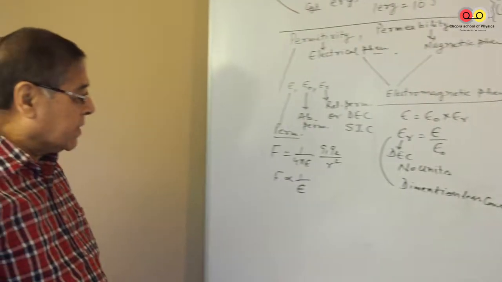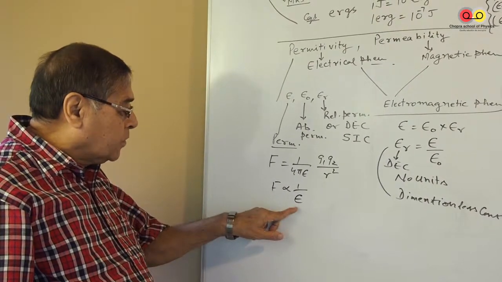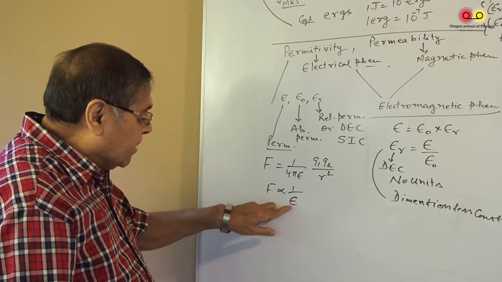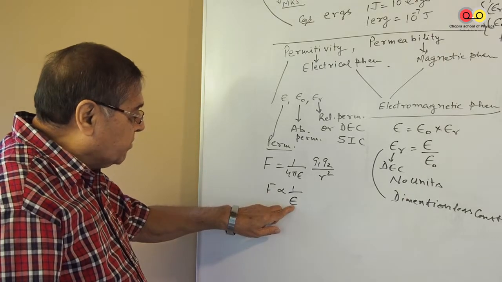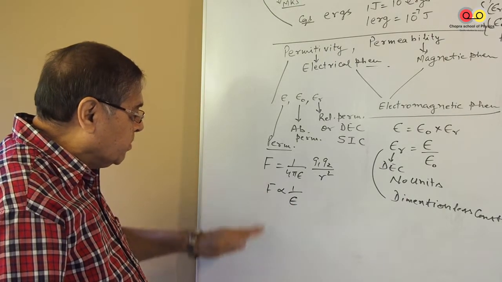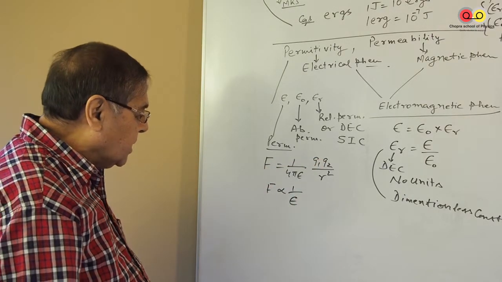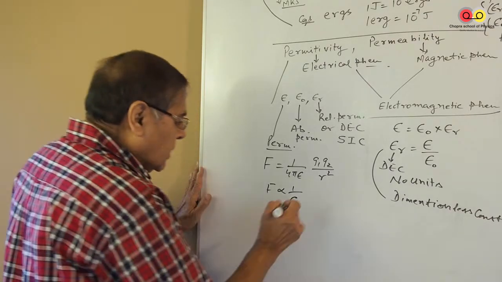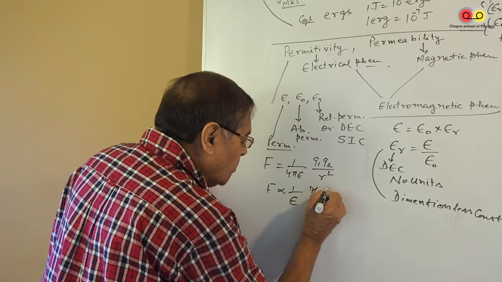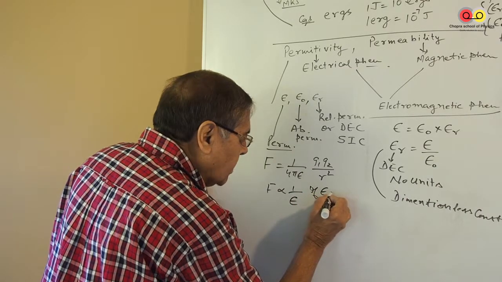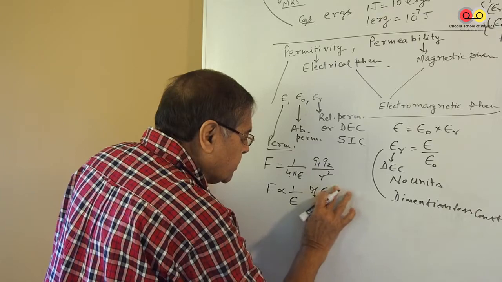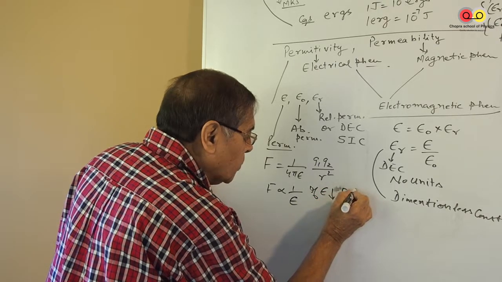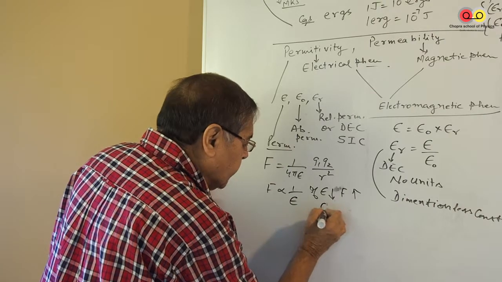So now you remember, what is the relation of force with permittivity? If permittivity is more, force will be less between the two charges. If permittivity is less, force will be more.